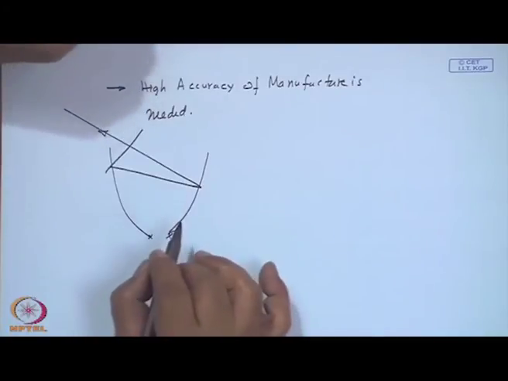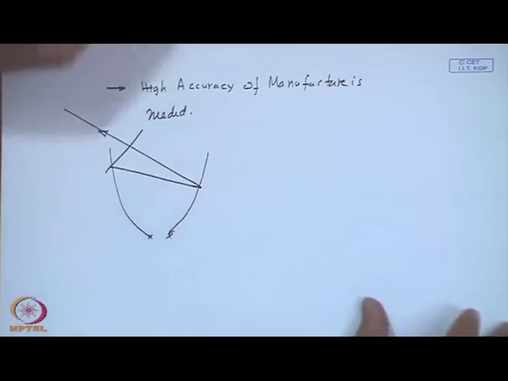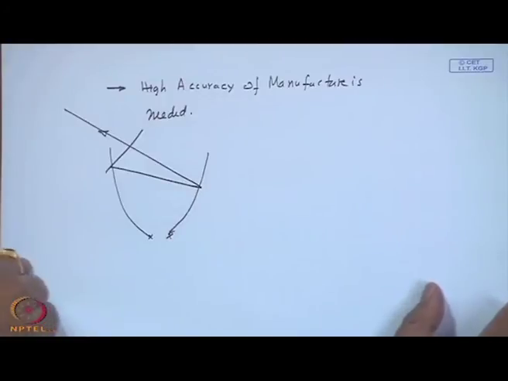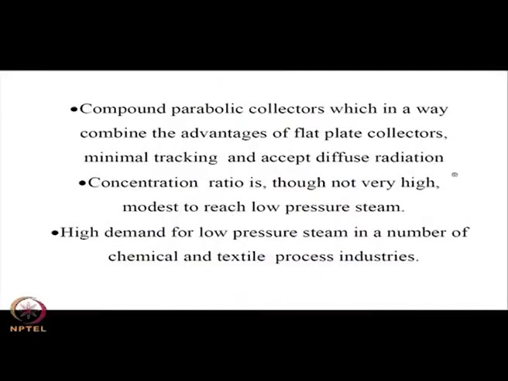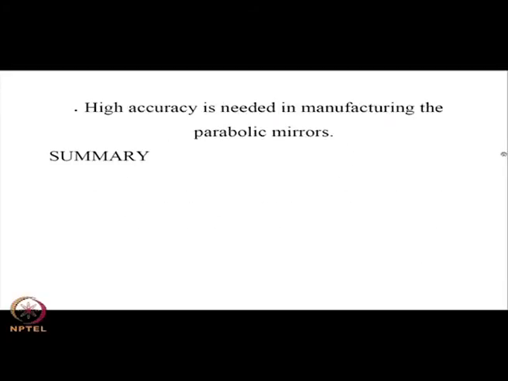So, you need to have a good accuracy in this optically for the compound parabolic collector. Otherwise, it is quite a bright idea to have a low concentration and at the same time produce a reasonably efficient low pressure steam or whatever is the other fluid.